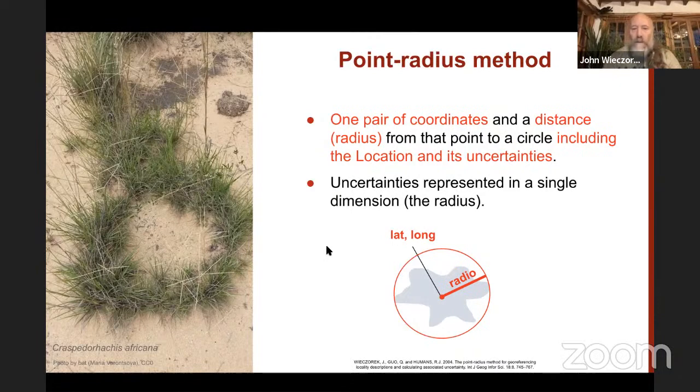So just to remind you quick, it's a single pair of coordinates with a distance or radius from that set of coordinates that includes the entire location and all of its possible uncertainties. And those uncertainties are represented in a single dimension, the radius.